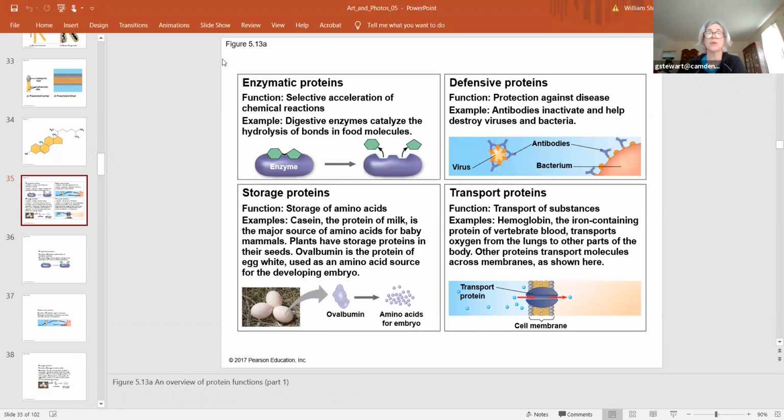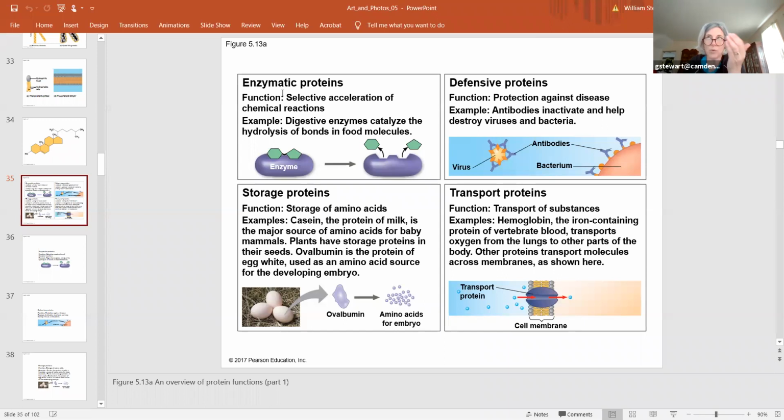I'm expecting that you can recognize, for example, if I said which of the following is not a function of proteins, and I listed these 4 and energy, you would be able to say, oh, proteins are not the first choice for energy. We can store amino acids that can be then used for energy, but it's not like a carbohydrate, for example, which we would use for energy immediately. So here's 4 of those 8 functions.